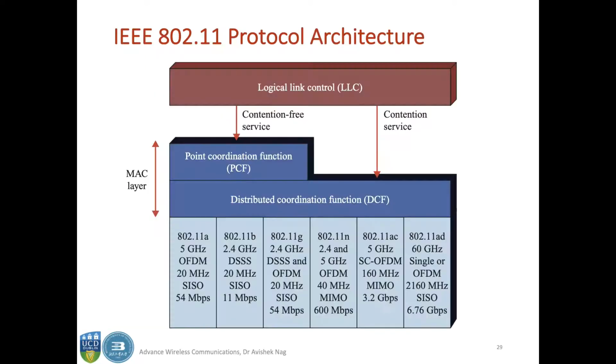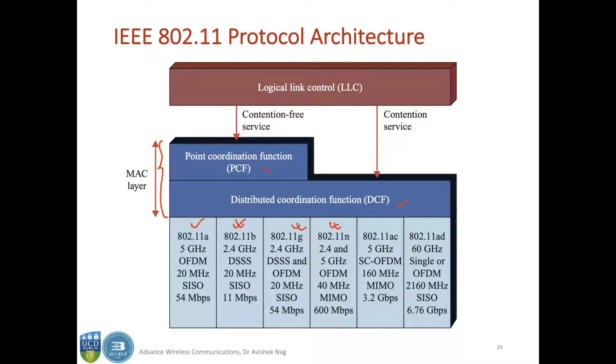Okay, so the DCF is applicable to all these types of standards. So 802.11a, 802.11b, 802.11g, and so on. So this is basically a more common form, and then the PCF, or the point coordination function, is mainly applicable to 802.11a, b, and g. So this is a contention free service, and this DCF is contention services.